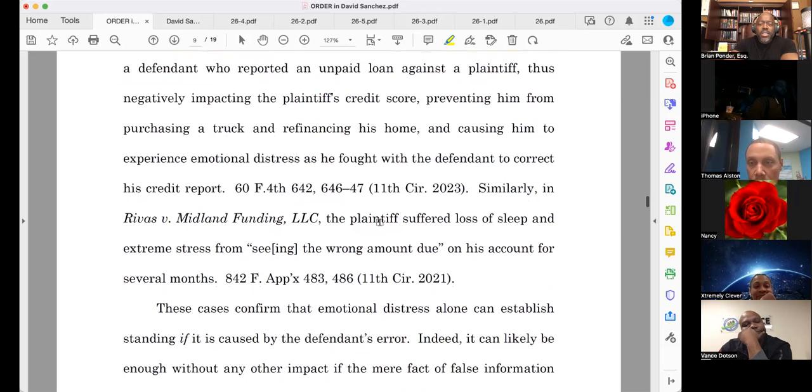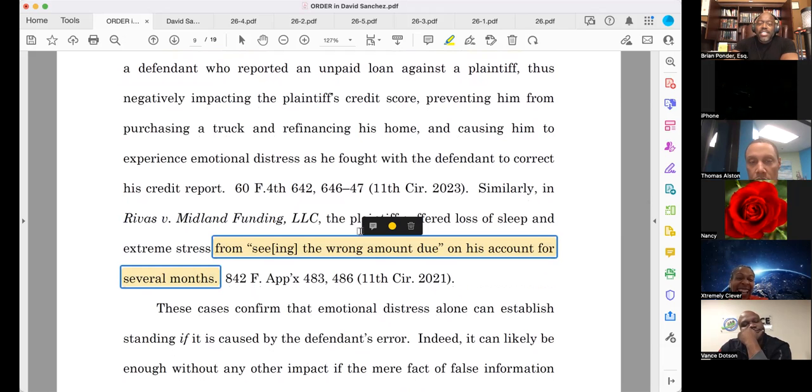The plaintiff suffered loss of sleep and extreme stress. You could stop there, right? From his actions, but they said from seeing the wrong amount due on his consumer report for several months. You see the little change? It's the same thing except you put some grass on it. So there you have it.